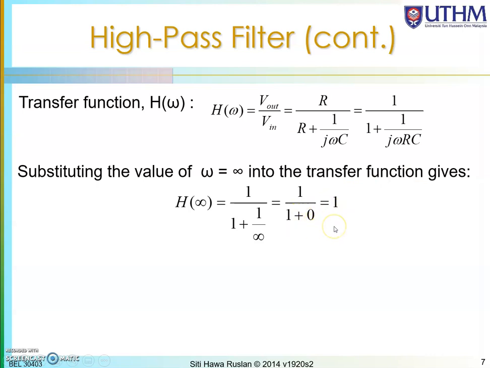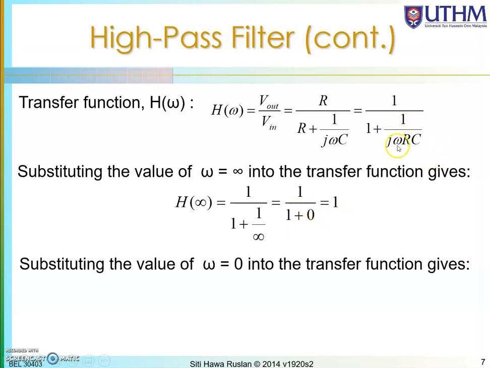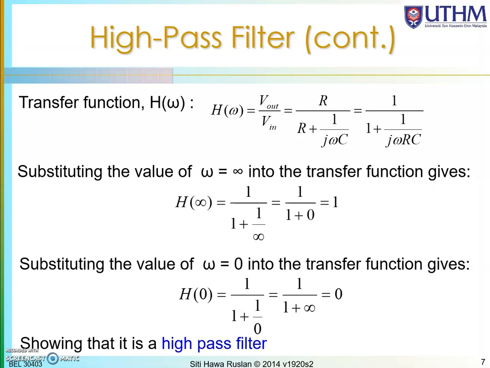Okay, and if you substitute into the equation omega to be 0 at very low frequency, 1 divided by 0, so you have a very large value plus 1. Okay, so what you get is 1 divided by 1 plus infinity, so it goes to 0. So meaning that at a very low frequency, there is no gain. Okay, so it is the behavior of high pass filter.